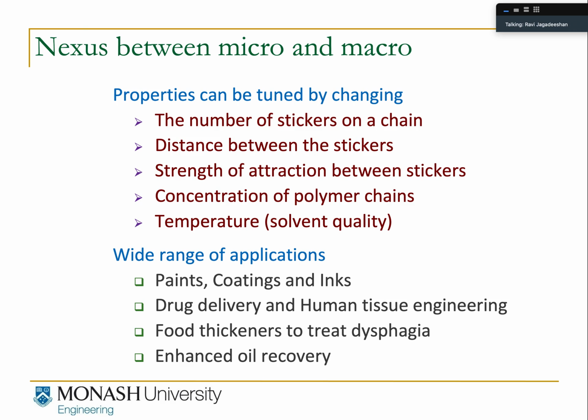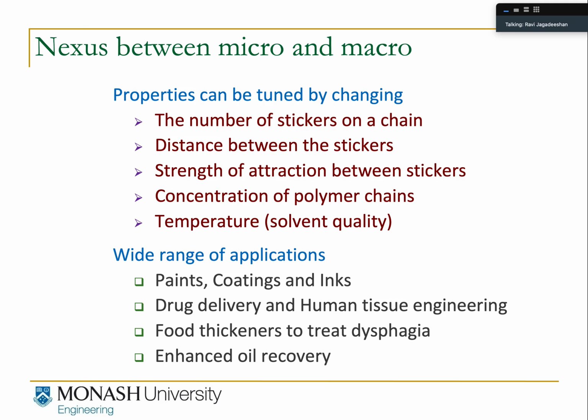Now, what makes associative polymers so attractive is because you can really tune their properties by changing the number of stickers, the distance between them along the backbone, their strength, and so on, and the concentration of the solution, along with the temperature. And so you can get a fine control of its properties. And this has led to a number of applications in a large number of areas.